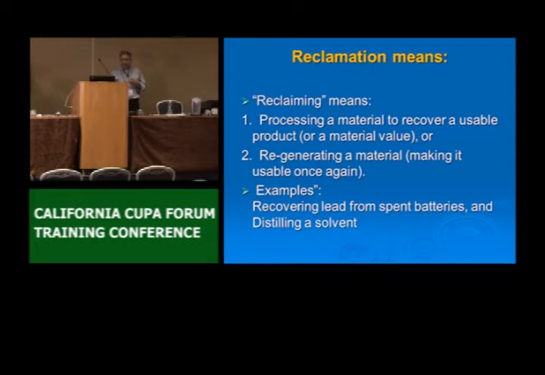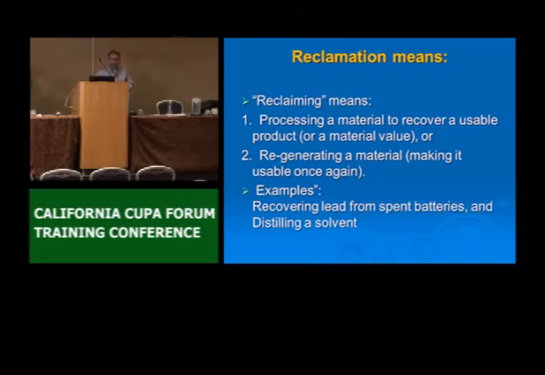Also, like we said earlier, regenerating a material to make it usable once again, okay? So refortifying an acid, or bringing an acid back up to strength, or bringing a plating bath back up to strength. Those are examples of regenerating material, okay? The classic examples that are given in the regulations are recovering lead from spent lead acid batteries and distilling a solvent. All right? So, any questions on what reclamation is?